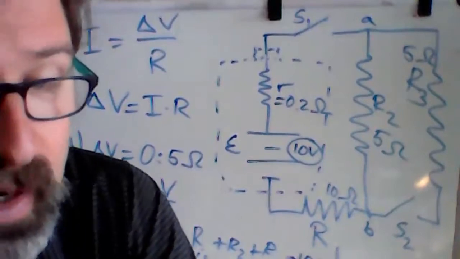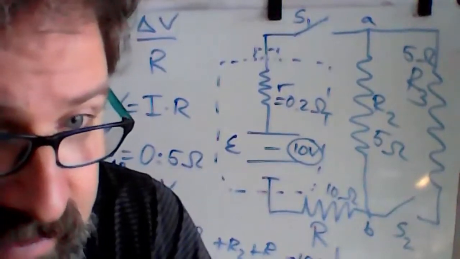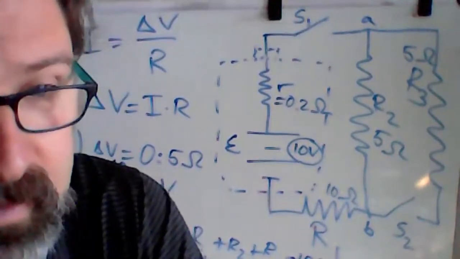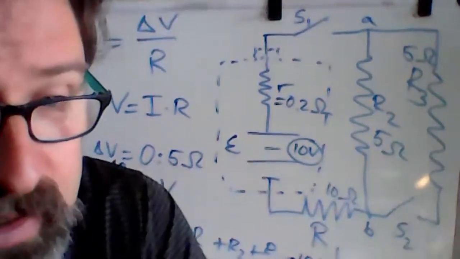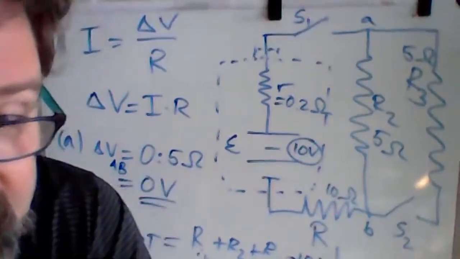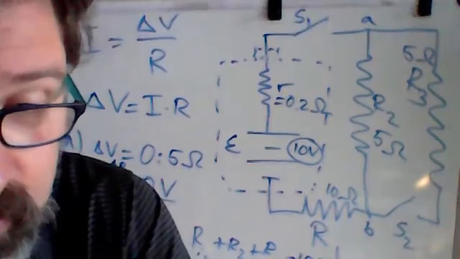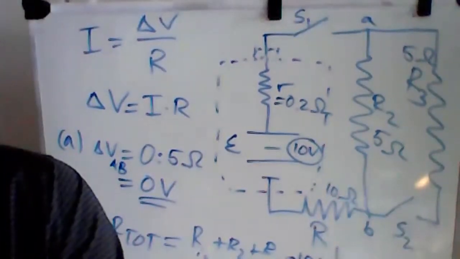The current going through R1 has increased. Yes. Overall current goes up because the overall resistance has decreased. Therefore, we're now pushing more current through R1. Do you guys agree? Mm-hmm.